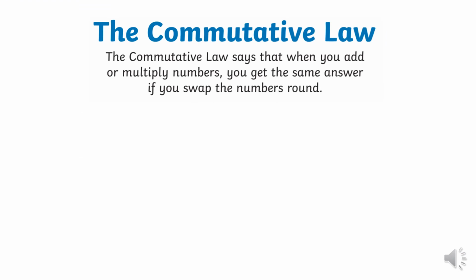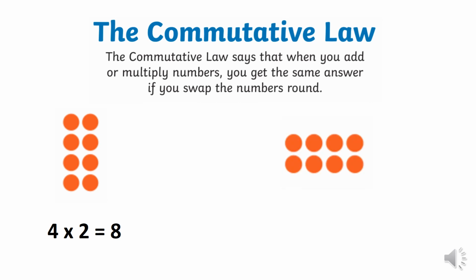And we learnt about a special new word today called commutative. As in maths, there is a commutative law, which means a commutative rule. And all this means is that we can swap our parts around and the answer, the product, will stay the same. So 4 times 2 equals 8 and 2 times 4 equals 8.